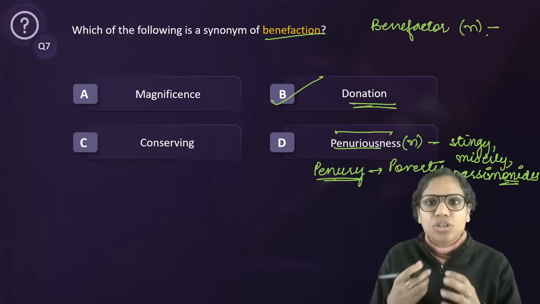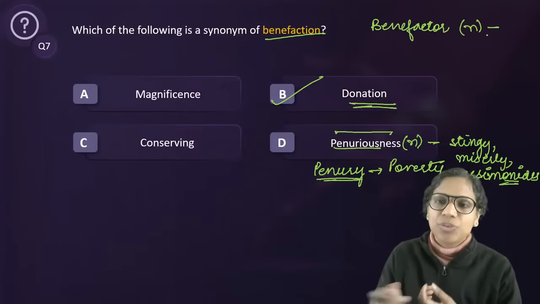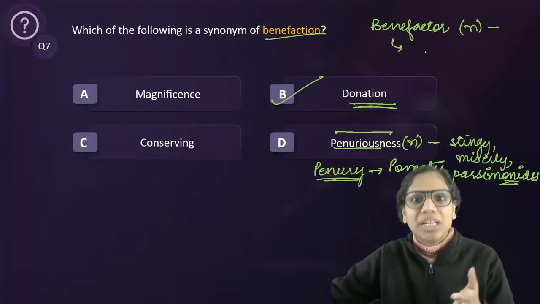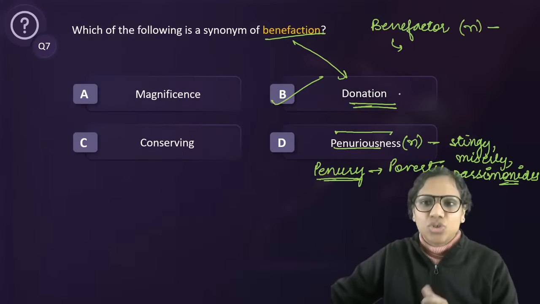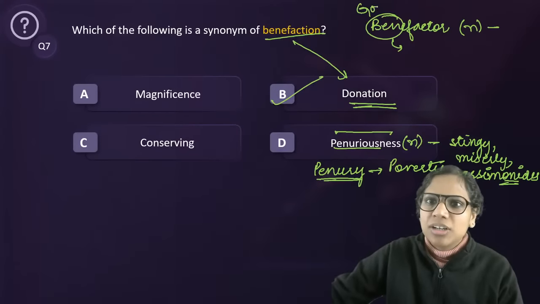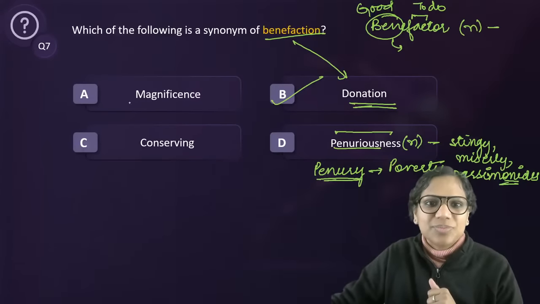They help actors or other artists monetarily and in terms of contacts, networks, etc. So a benefactor usually extends help in terms of money or other terms to you. Benefaction, therefore, is a donation or a gift given to someone. Ben means good, fact means to do. So to do something good in terms of money or other terms.